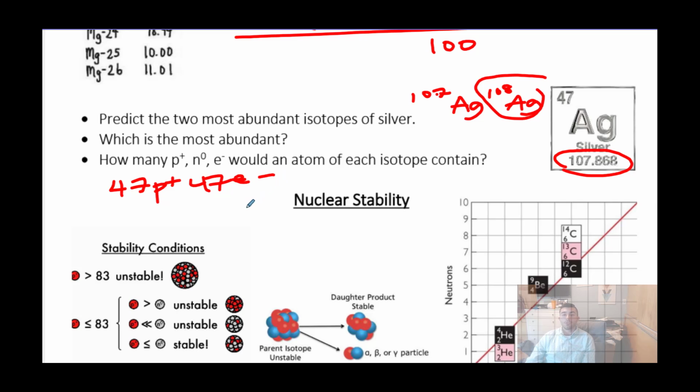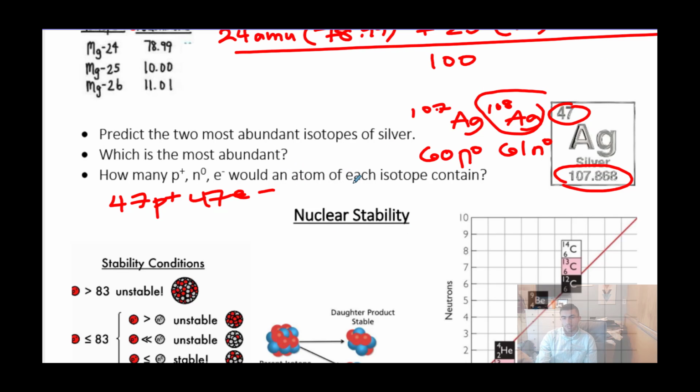Now, in terms of the neutrons, we have to take the mass and subtract out the atomic number. So 107 minus 47 gets us 60 neutrons in this isotope of silver 107. And in silver 108, 108 minus 47 gets us 61 neutrons.